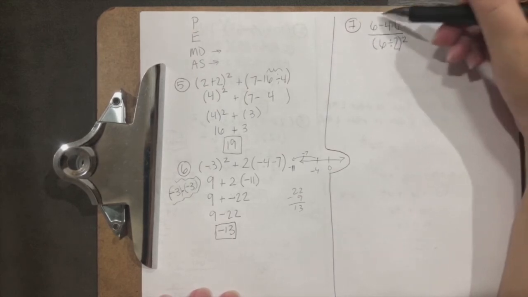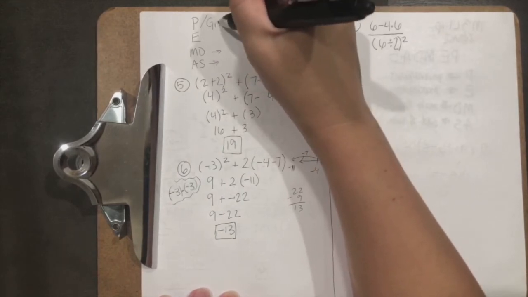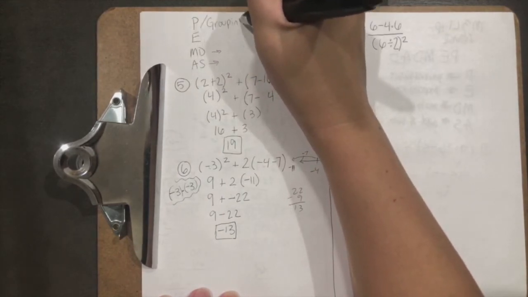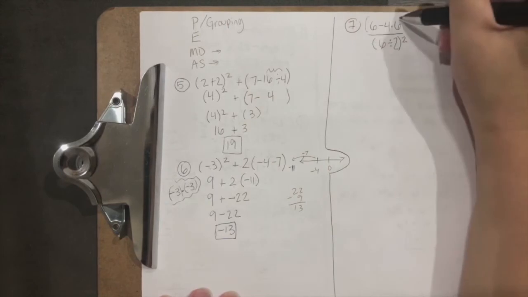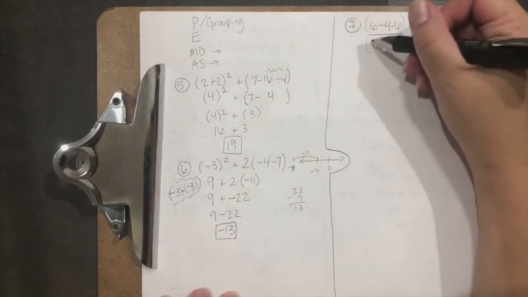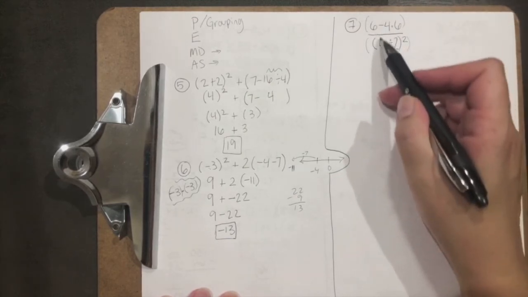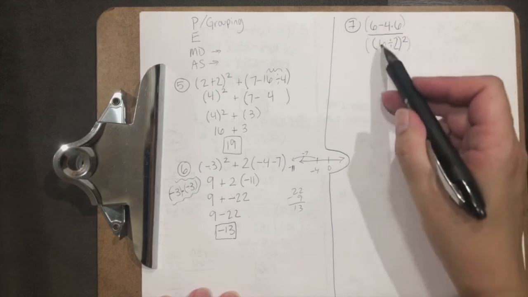One thing to note is that this is a grouping. Sometimes P is substituted for G for grouping because we need to do everything on the top in the numerator and everything in the bottom of the denominator, and then at the end we can divide top by bottom.